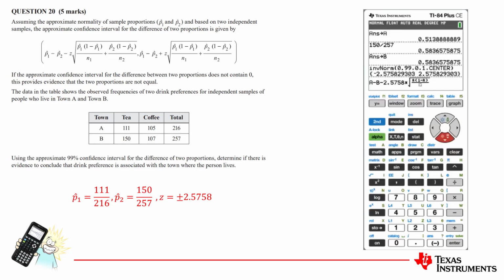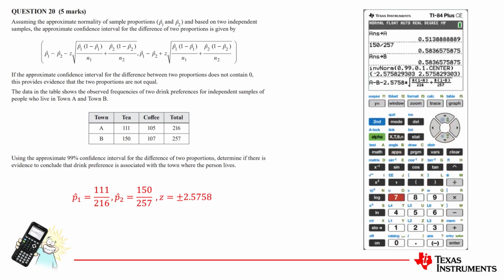That's the number of people who live in town A, so 216. Then I'm going to have plus, again put in a fraction, P2, which was B, 1 minus B, over the number of people that live in town B, which is 257.